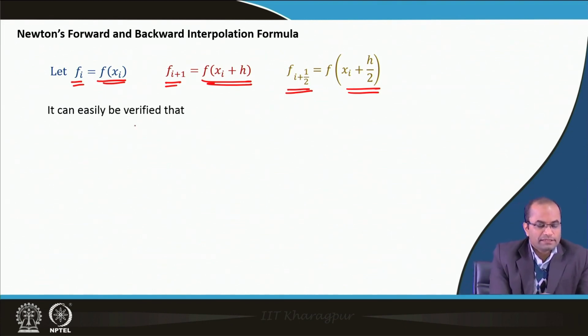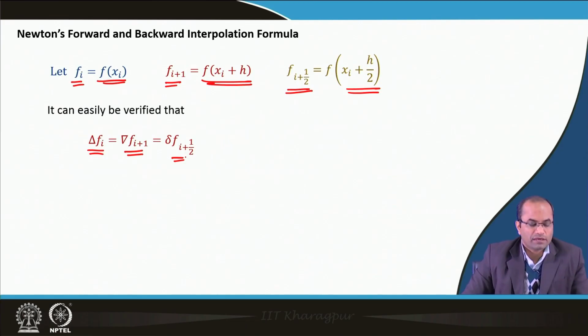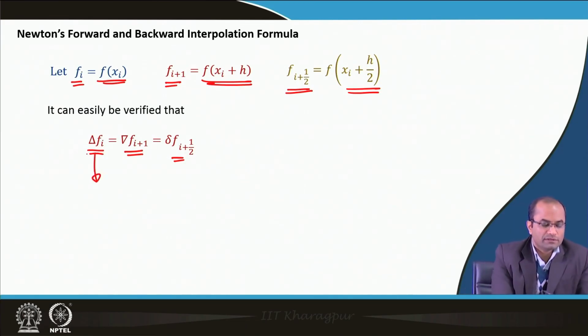Here it can easily be verified that delta f i is nabla f i plus 1, and also this is equal to the central delta operated on f i plus half. One can easily see all these relations, it is not difficult. For instance, delta f i will give, as per the definition, f i plus 1 minus f i.